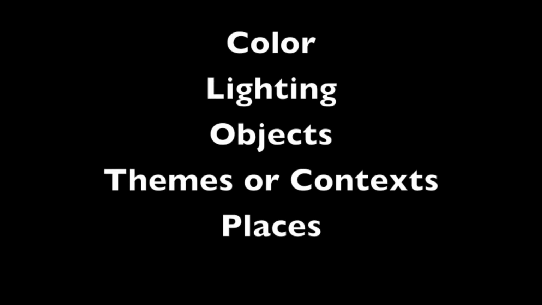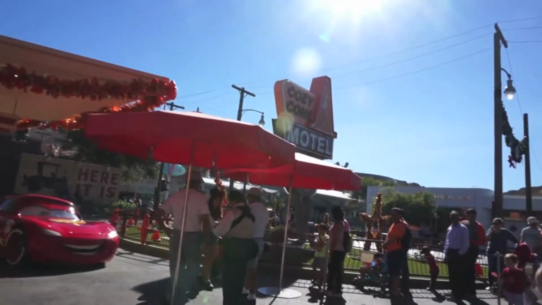As you'll see in some of the images and videos in a bit, color and lighting, the use of specific objects such as the road cone that I'll address later with the Cozy Cone Hotel, and also themes or contexts as you'll see with cars and racing, and then specific places such as Route 66 which may have associations with us.